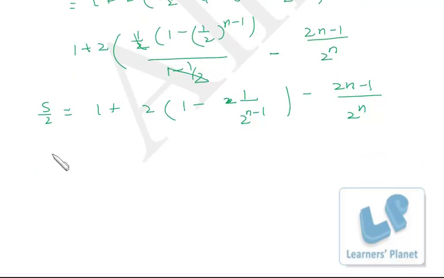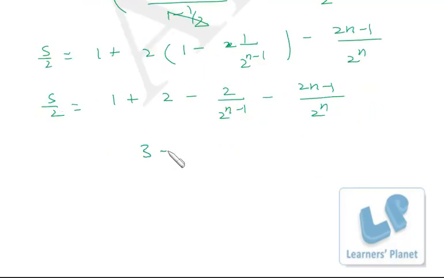Okay, so s by 2 is equal to 1 plus 2 minus 2 upon 2 raised to n minus 1 minus 2n minus 1 upon 2 raised to n. So it is 3 minus, you can write it is 2 upon 2 raised to n by 2. So it is 2 minus 2n minus 1 upon 2 raised to n. Okay, so this is what is s by 2.